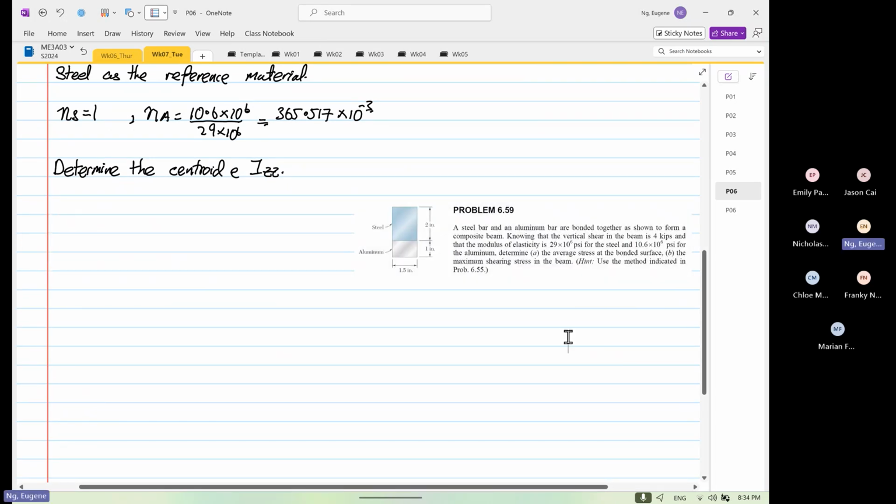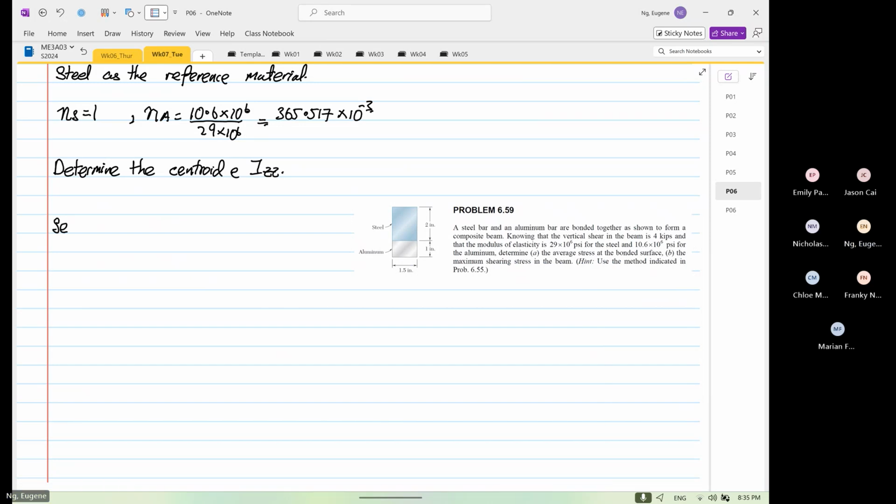So we will have the section. I call this one steel, and the other one is aluminum. And we look at N. This is 1, and this is 365.517 times 10 to the power minus 3.